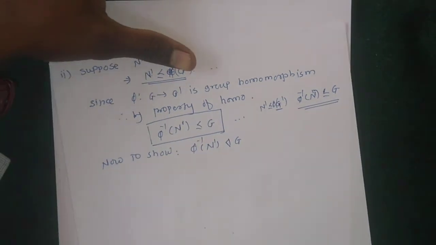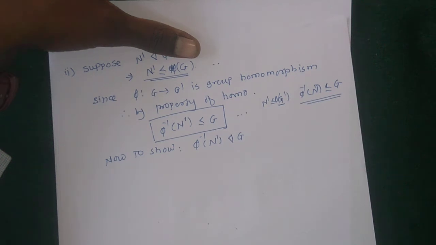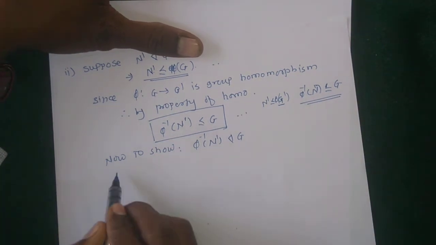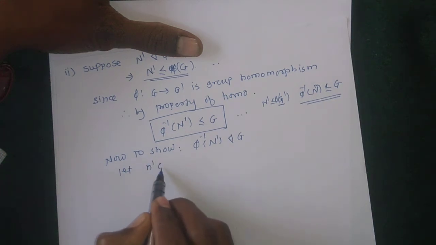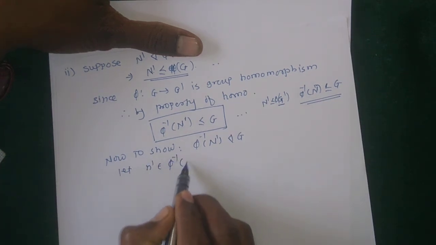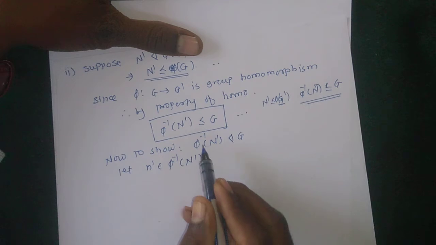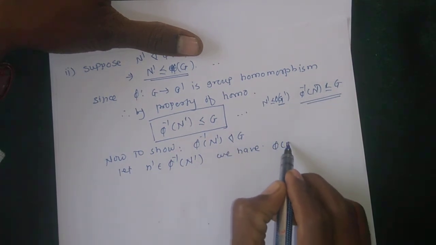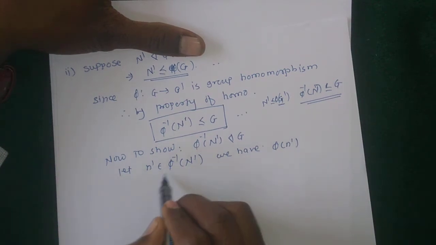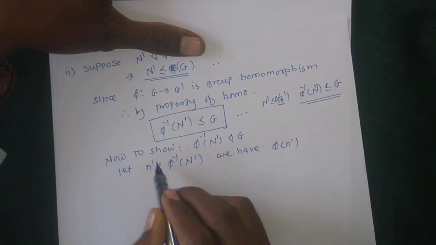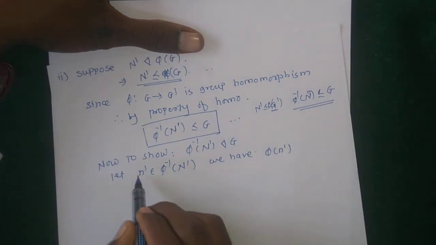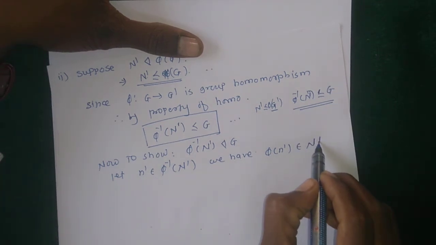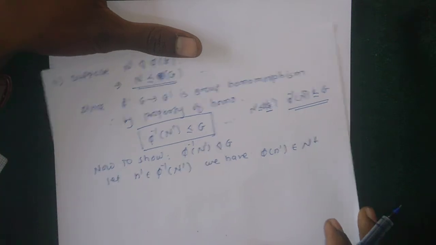Now to show that φ⁻¹(N') is a normal subgroup of G. Okay, let n belong to φ⁻¹(N'). We have φ(n) belongs to N', meaning the image of n belongs to capital N', meaning the set N'.